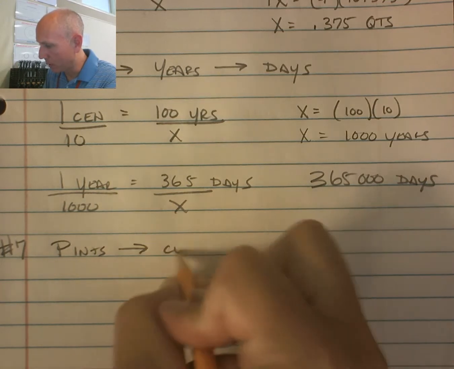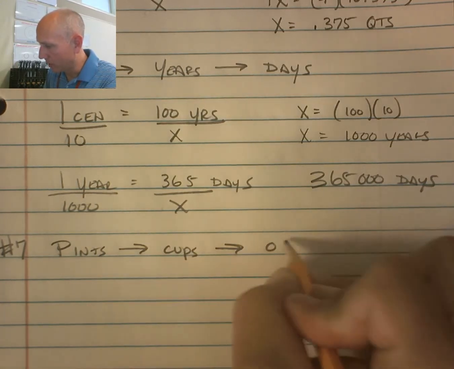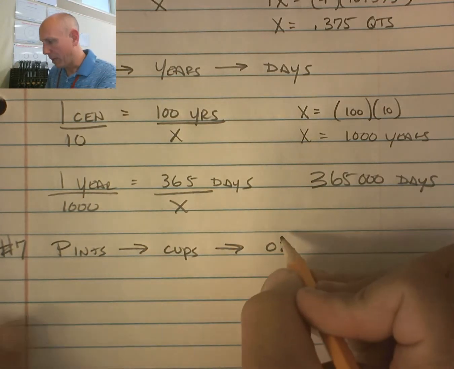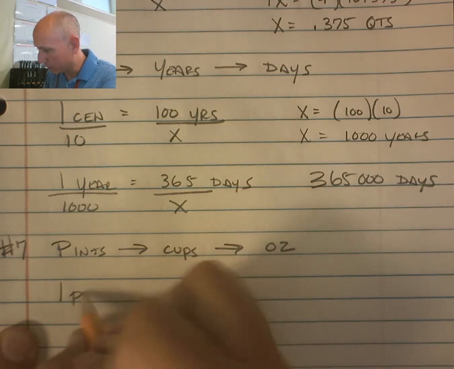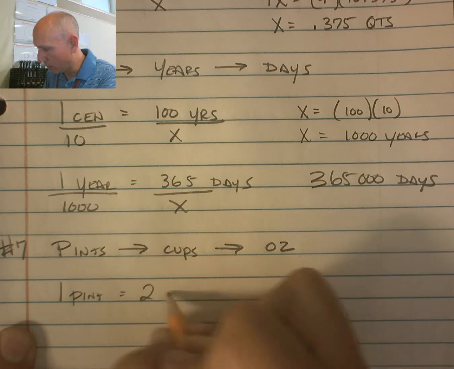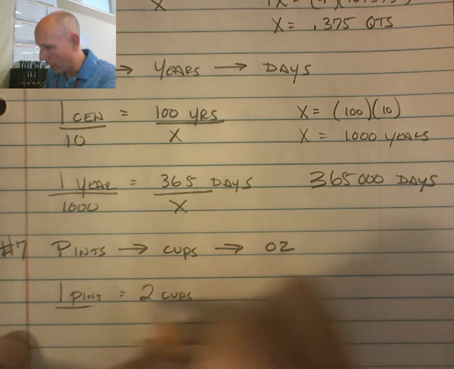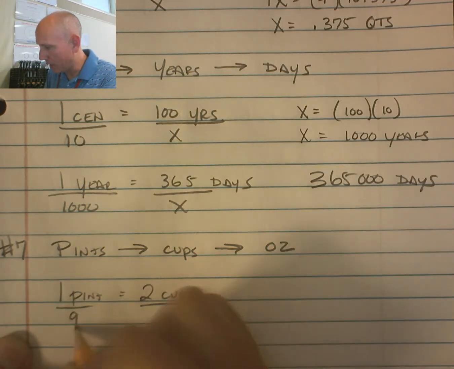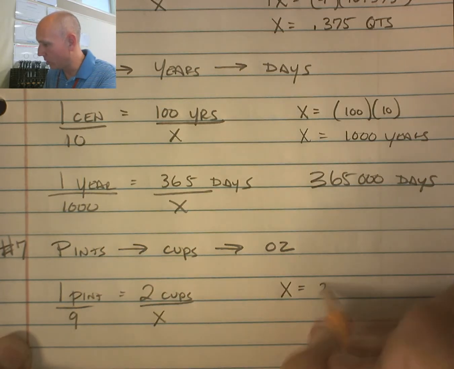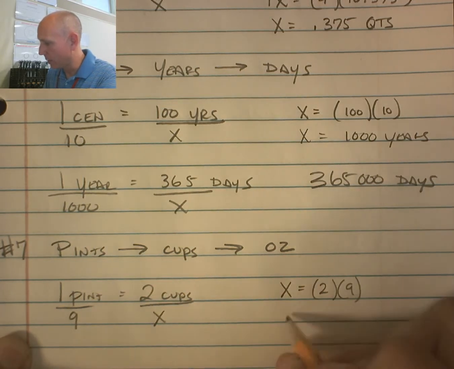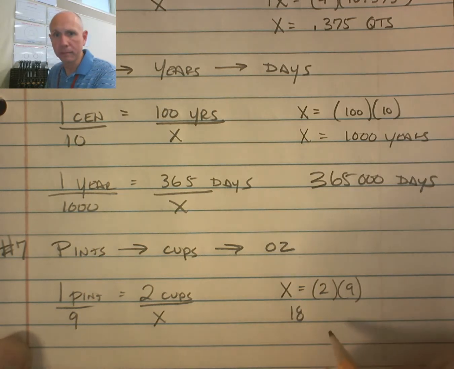Okay, pints to cups. 1 pint equals 2 cups. And I was given that I have 9 pints to x. So cross multiply and divide, so x equals 2 times 9. So I have 18 cups.